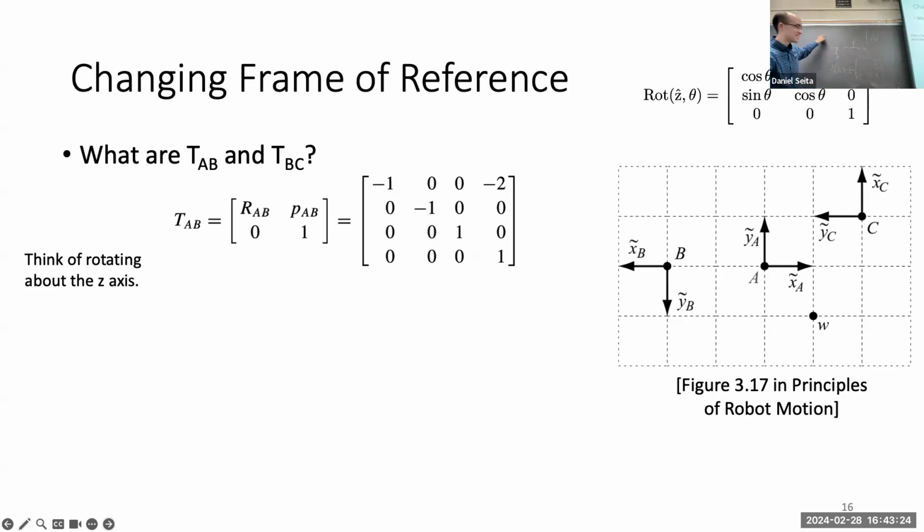Yeah, 0. What about cosine of theta? -1. Yeah, we got that. See? So hopefully this is clear on what TAB means here.